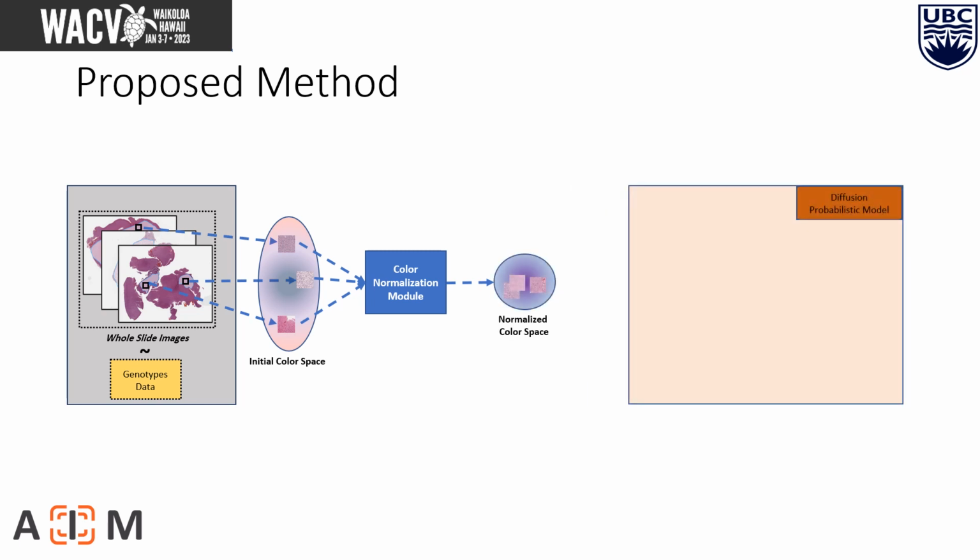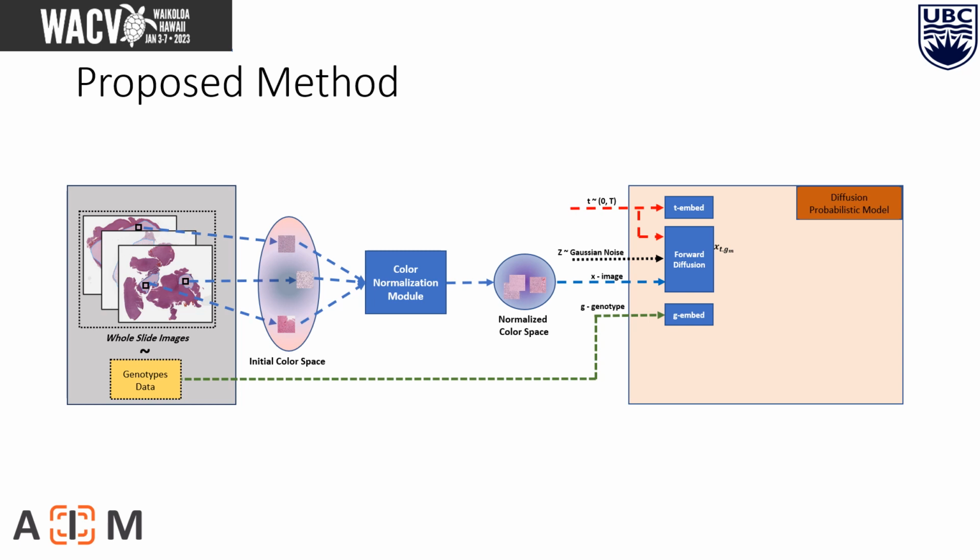In the next steps, at first, noise, input image, and time step will be used for forward diffusion. Then time step T and genotypes will be embedded, allowing the noisy image from time step T to be injected into our U-Net backbone model to finally produce the image for the next time step.